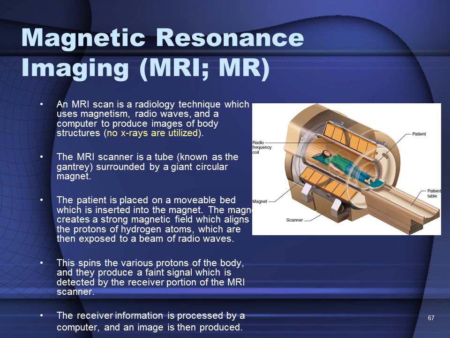The patient is placed in supine position on a movable bed into the magnet. The magnet creates a magnetic field which aligns the protons of hydrogen atoms within the patient, which are then exposed to radio waves. This changes the spins of the protons, and as they return to their normal energy levels, they emit signals that are detected by detectors around the magnet. This information is transferred to a computer, and an image is then produced.